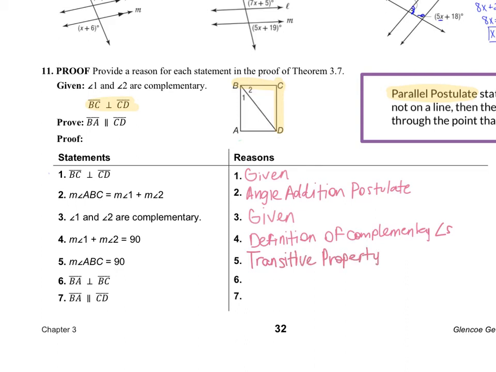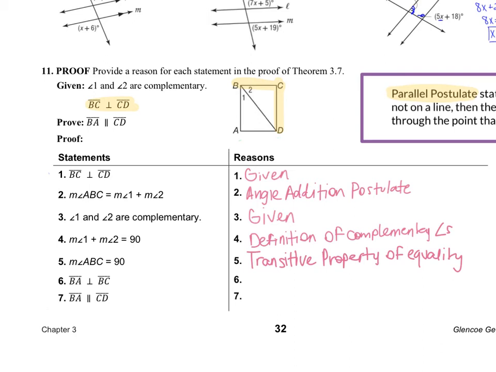It's just another way to say it, basically. Does anybody remember this one? Transitive property of equality? No? Okay, we'll have to touch back on that one. Transitive property of equality.